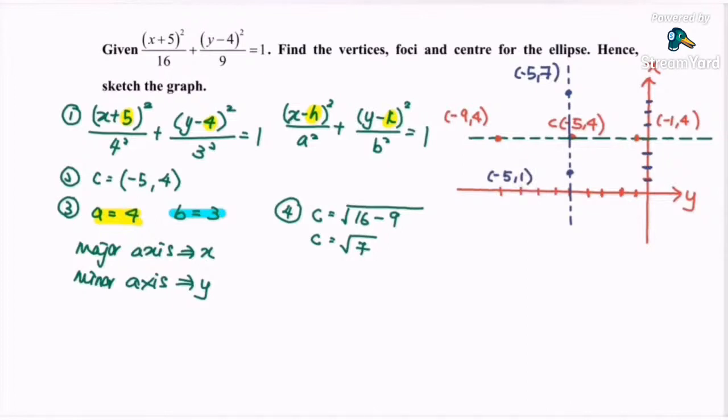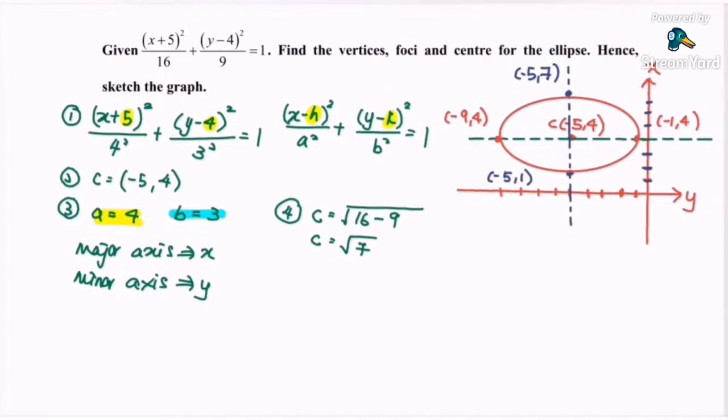Next, we have to illustrate the situation. So here we have the situation for the ellipse. From here, we are going to find the major length. So refer to this part, major length. What is the major length? Major length is the length starting from -9 until this part, where we have -1.